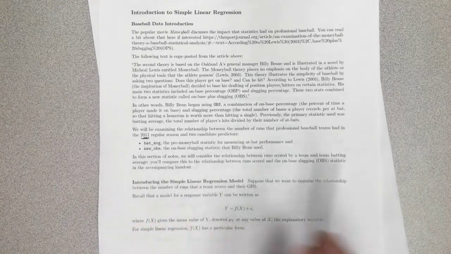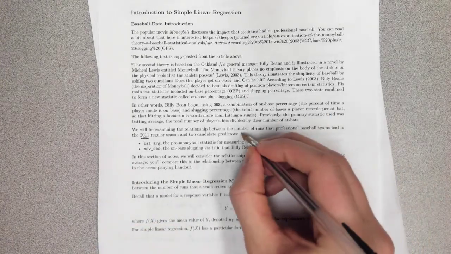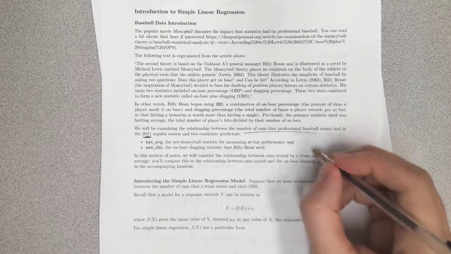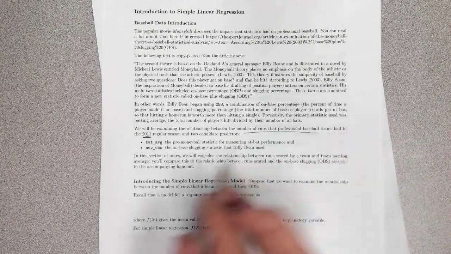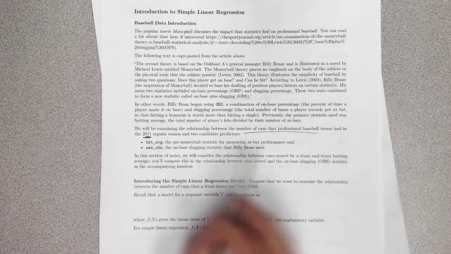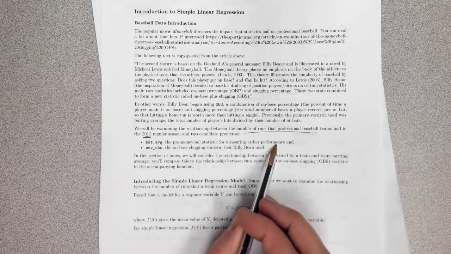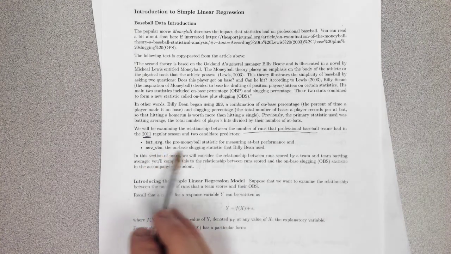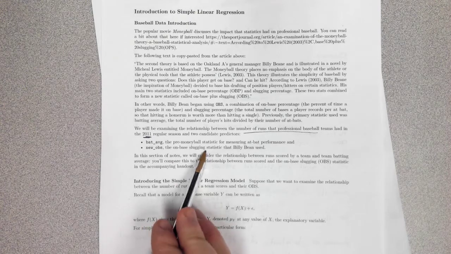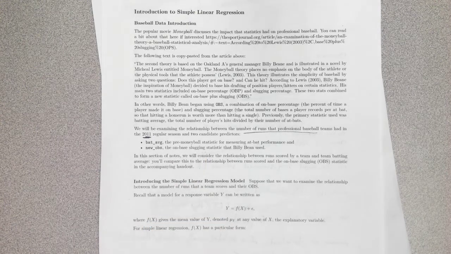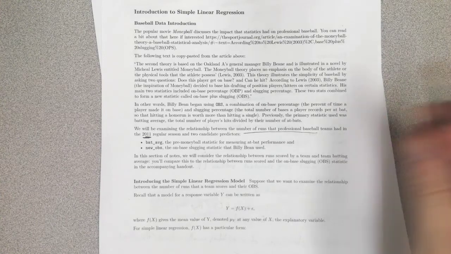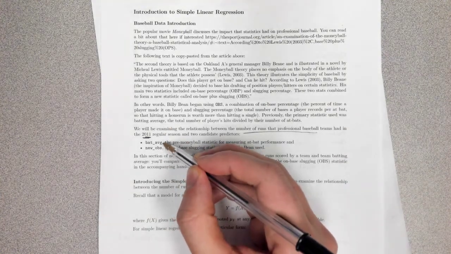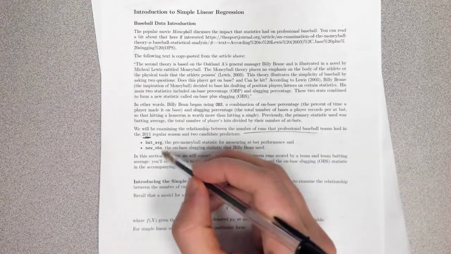We've got the number of runs that each team scored, and a couple of candidate predictors. We've got the batting average for measuring at-bat performance, and this new OBS, which is some on-base slugging statistic. If you're not really into baseball, that's totally fine. It's not super important to know exactly what these are.